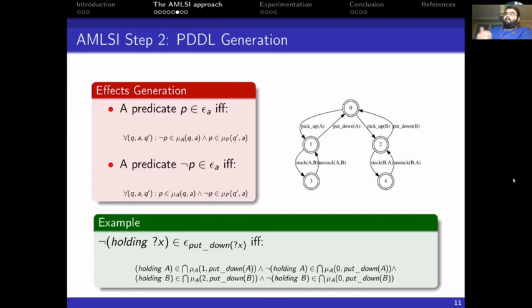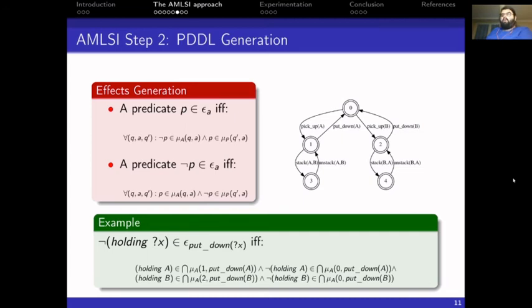Then, generating effects is similar. Not holding X is an effect of putdown if and only if holding A is present in node 1 and absent in node 0, and if holding B is present in node 2 and absent in node 0.